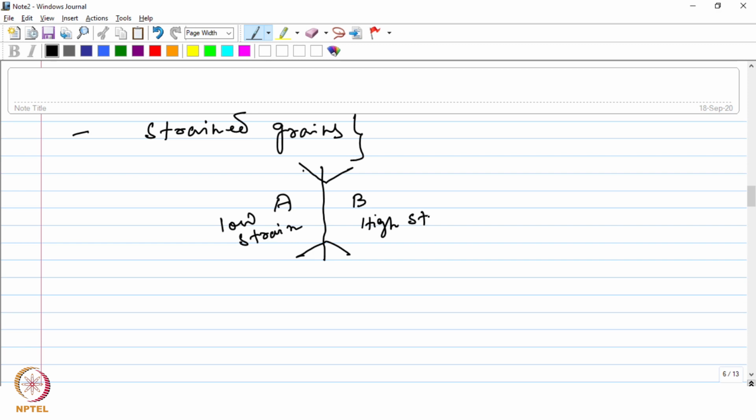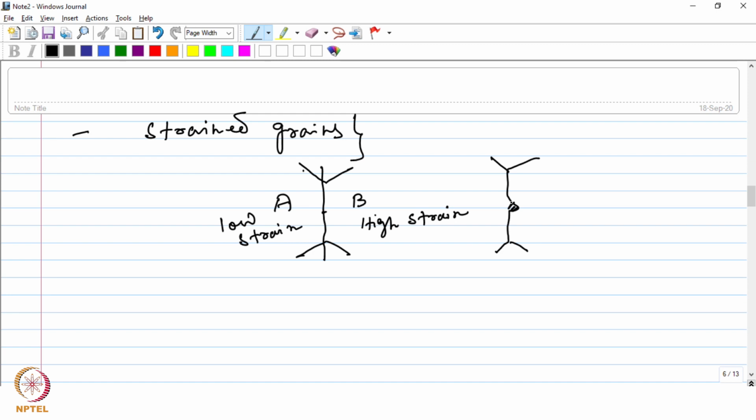So there is a gradient in the strain energy along this boundary. Okay. So it will try and reduce the energy. Therefore, this boundary can bulge into the high strained region in this manner. A small bulge like that can be created due to this strain energy gradient.